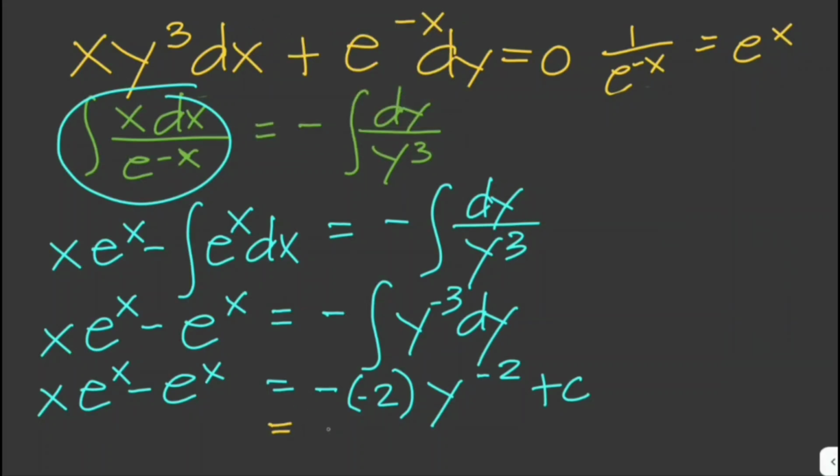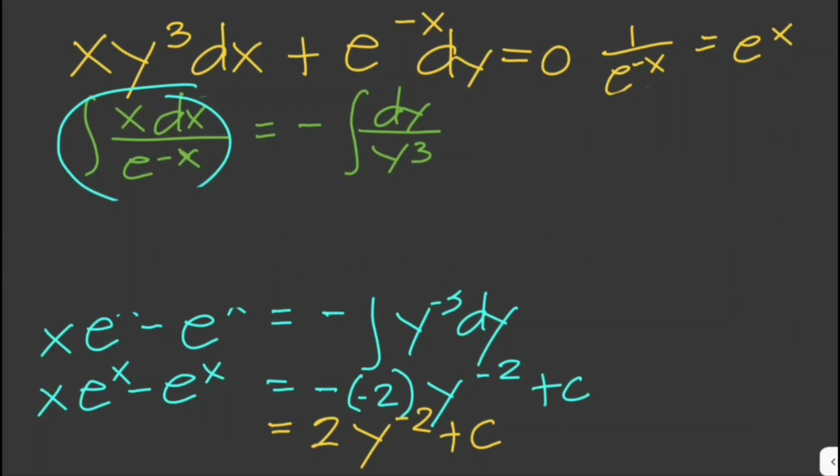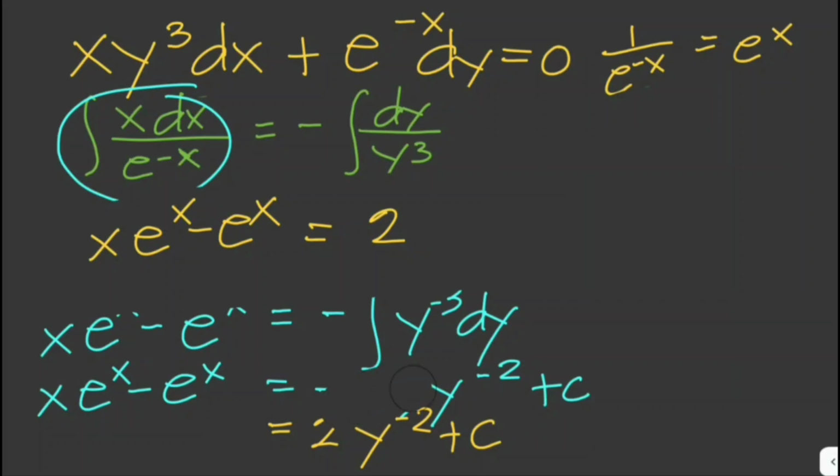Then we can simplify this as 2y to the negative 2 plus c. Or we can simply write all of this as x e to the x minus e to the x equals 2. We can write y to the negative 2. Oh, hold on, I think I made a mistake here.